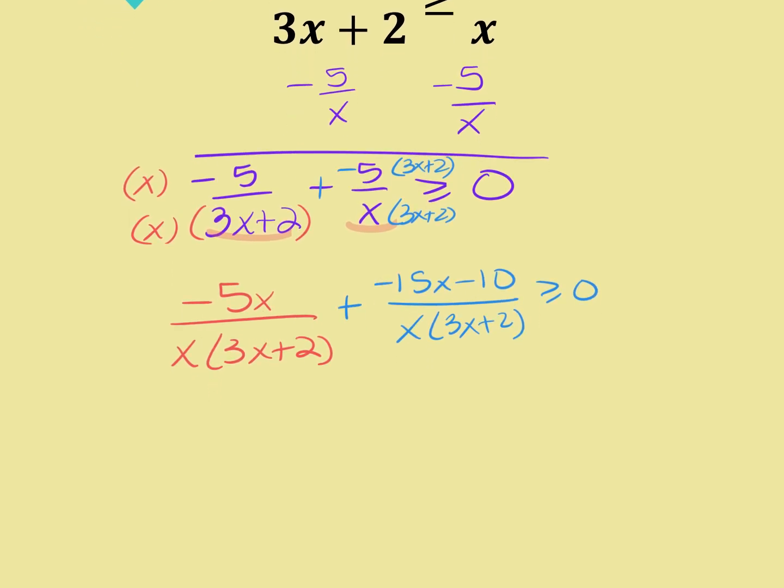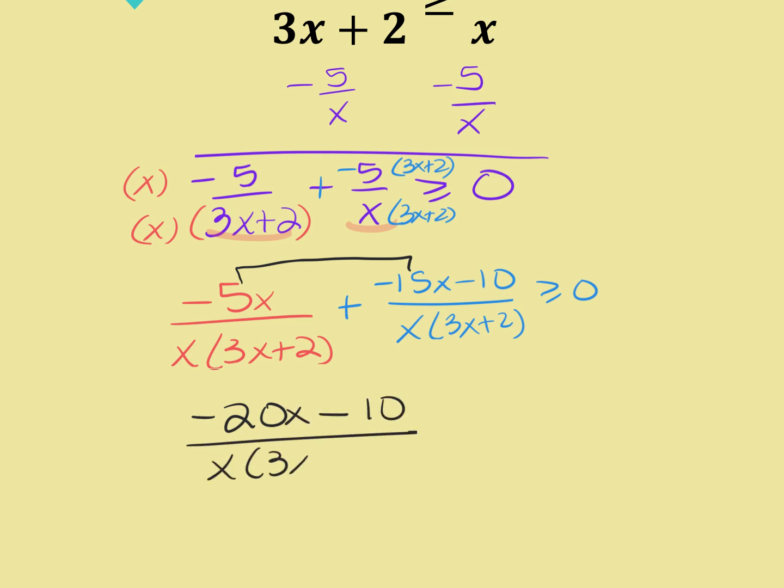I now need to combine the like terms in my numerator. Don't FOIL the denominator, because we're going to have to factor it anyways to solve. So just leave it like that. I'm going to add, and I get negative 20x minus 10 over x times 3x plus 2.